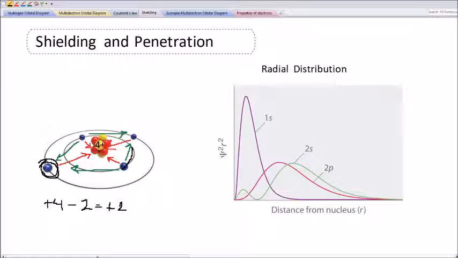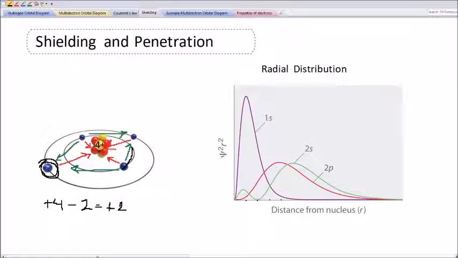So if we look at an s orbital, the electron has the probability of having a distance so far from the nucleus. If we're looking at the 2p versus the 2s, you would think that the 2s has more energy because it's furthest away from the nucleus.